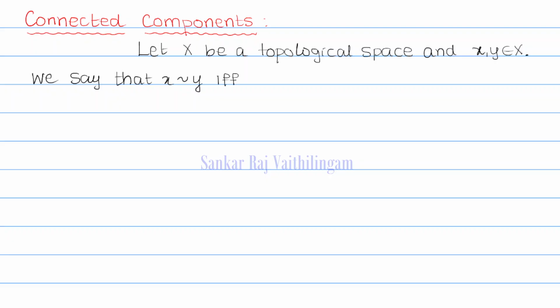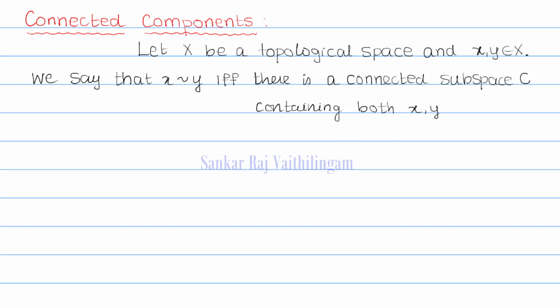இப்போ என்ன அர்த்தம் அப்படின்னா, if and only if there is a connected subspace, I call it to be C, containing both x and y. x-ம் இருக்கணும், y-ம் இருக்கிற மாதிரியான ஒரு connected space இருந்தால், then we say that x is related with y.